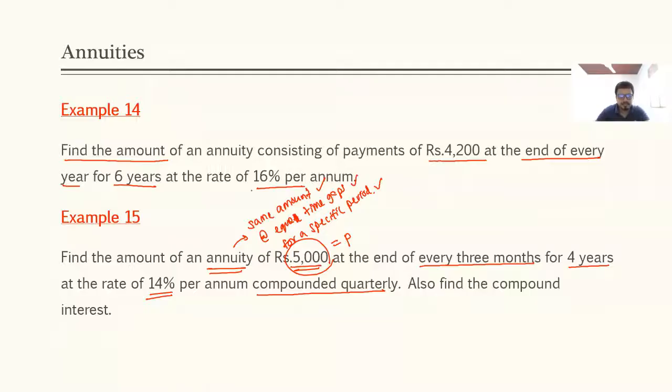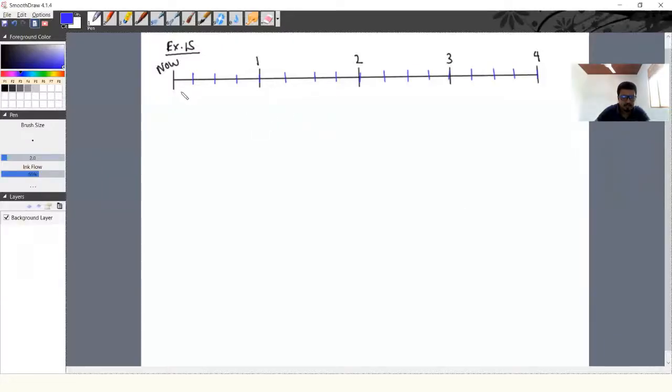5,000 at the end of every 3 months. Here 5,000, 5,000, 5,000, and it goes on like that.